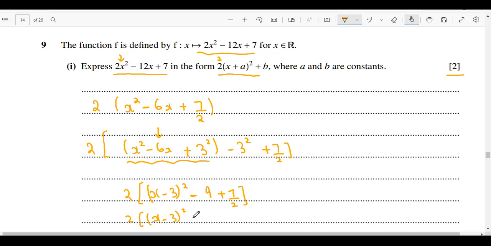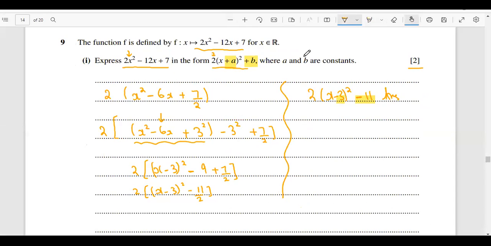Let's write it down this way, minus 11 by 2. And when this 2 is multiplied, I would be left with 2 into x minus 3 squared and then minus 11. This is going to be the answer. Yes, very good, Haris. Excellent. So b is minus 11 and a is minus 3. Okay, this is how we solve such questions. So always remember for such questions, we apply the completing square method. Yes, Ashal and Munja, is that okay?